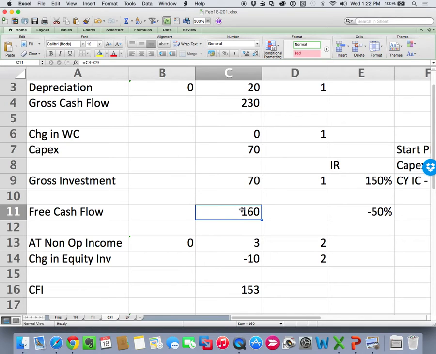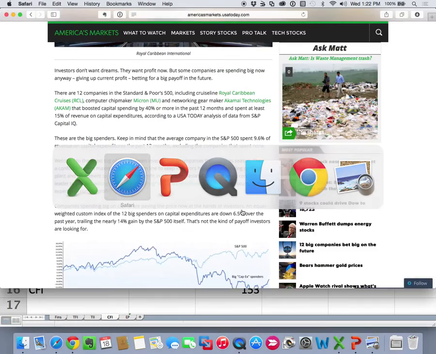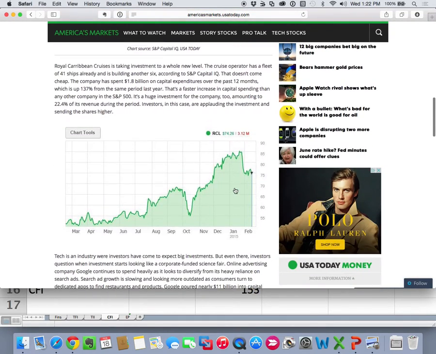Now here's the interesting thing. His argument is that Royal Caribbean's share price recently has actually gone up dramatically, about 50%, as they've had negative free cash flows and investments over 150%. Why? What's different this time around versus when Royal Caribbean did this 5 years ago?